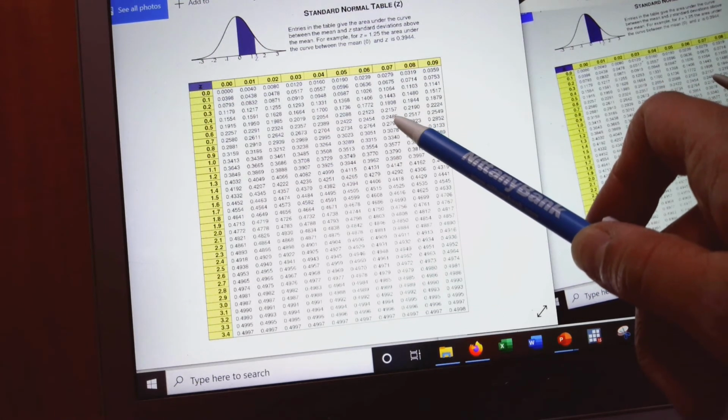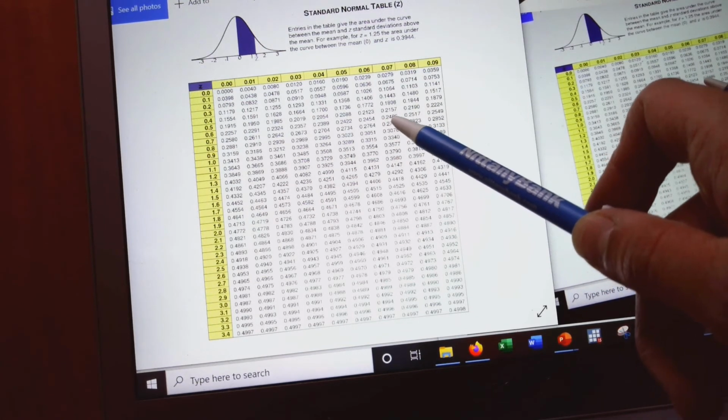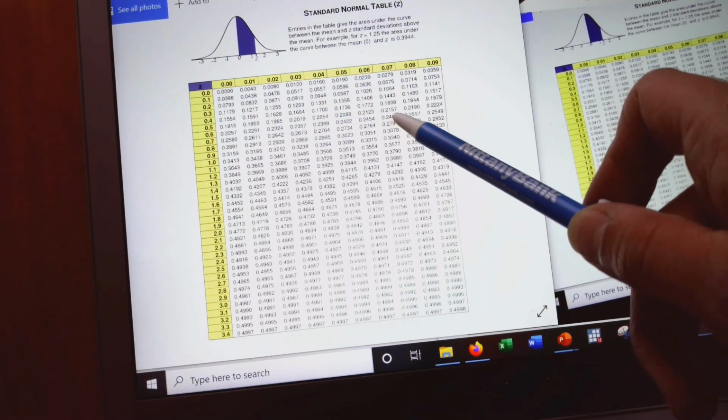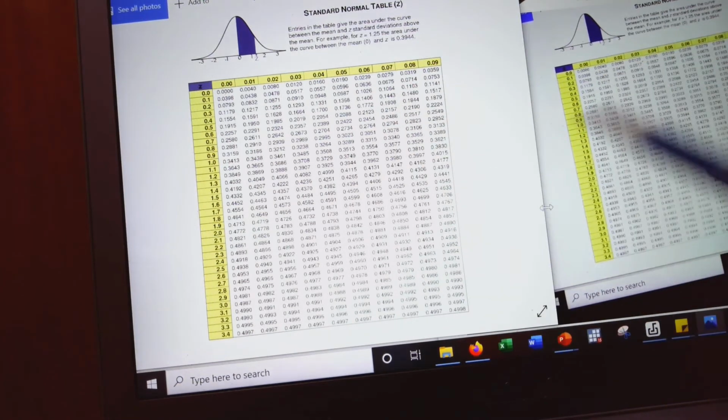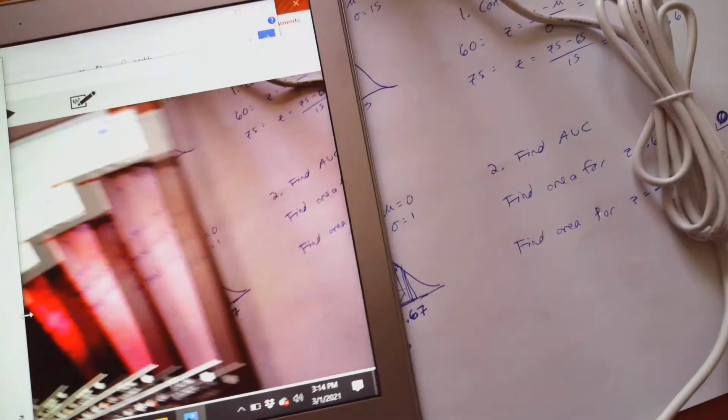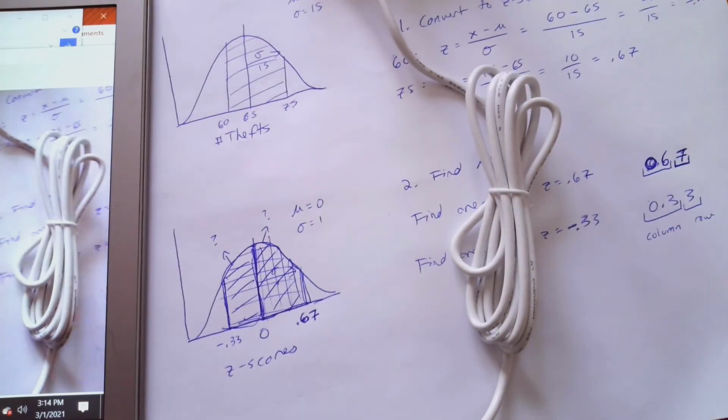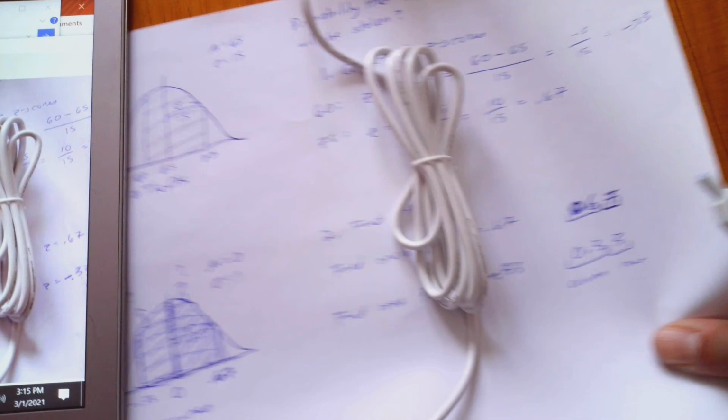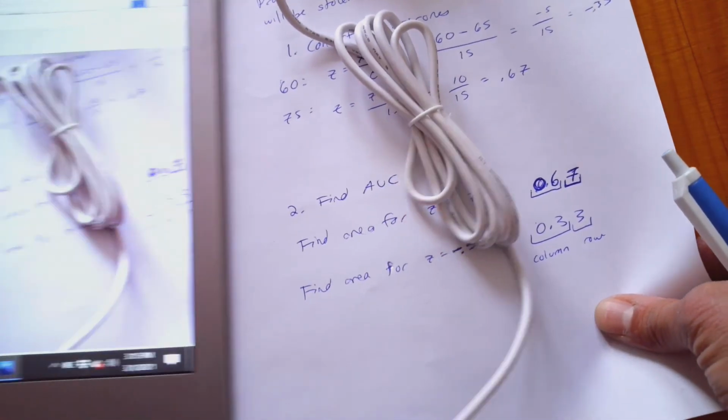And that gives us an area of 0.2486, which I'm circling here with my pen. So I'll write 0.2486 next to 0.67.